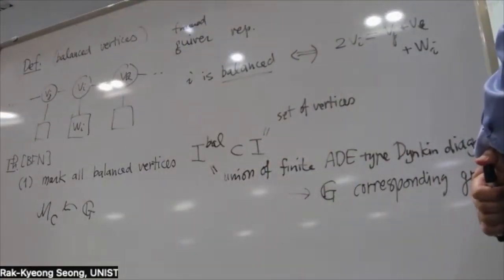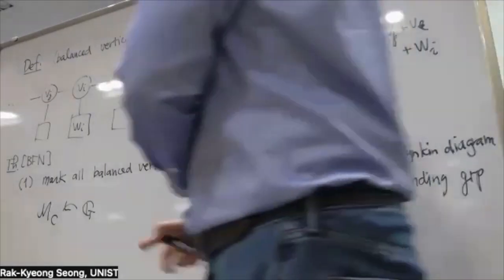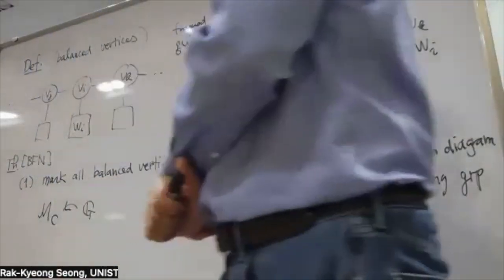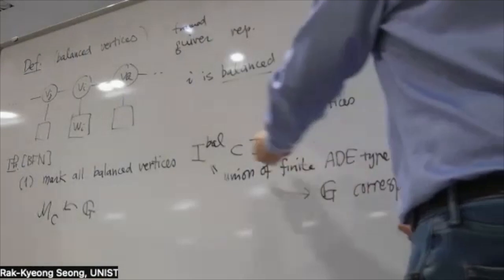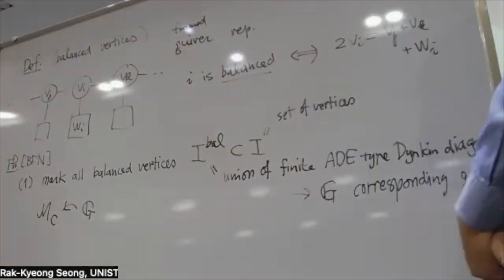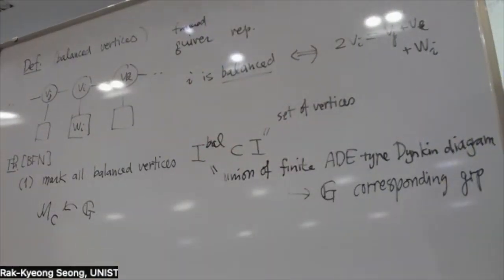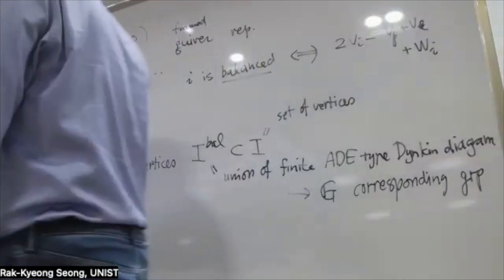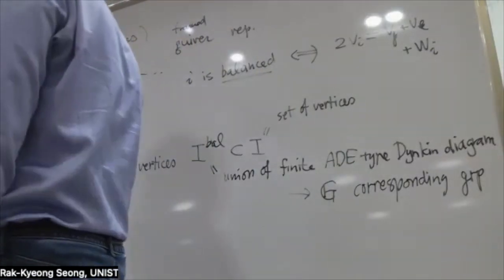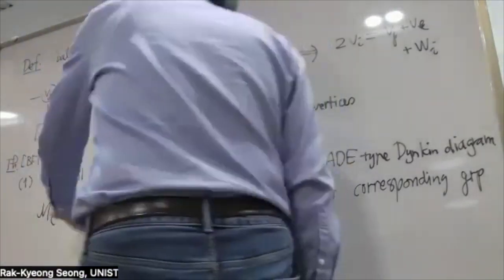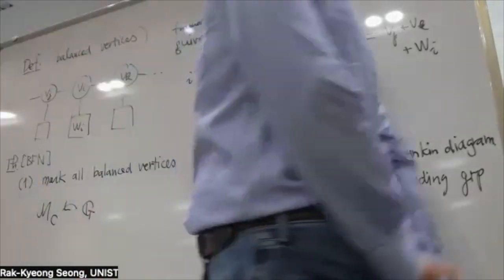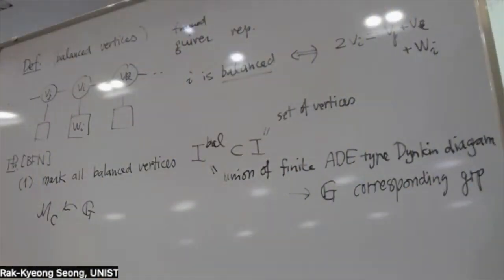G has nothing to do with the original gauge group. The original gauge group is a product of general linear groups. We don't say that this is the full symmetry, but we just say that at least there is this group action.